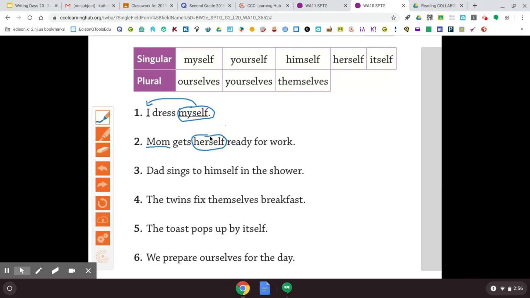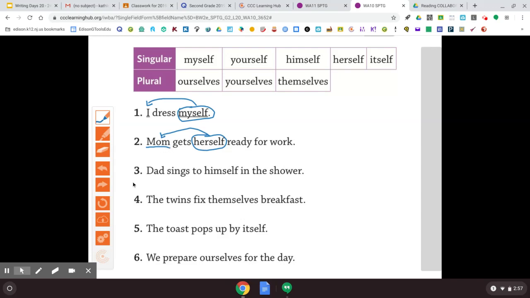So again, boys and girls, I'm going to draw that arrow back to mom because it is referring to mom. Okay? So when the pronoun goes back to the subject, the subject and the pronoun are telling about the same person. When the subject is only one female, like in this sentence, mom, we use herself as the reflexive pronoun.